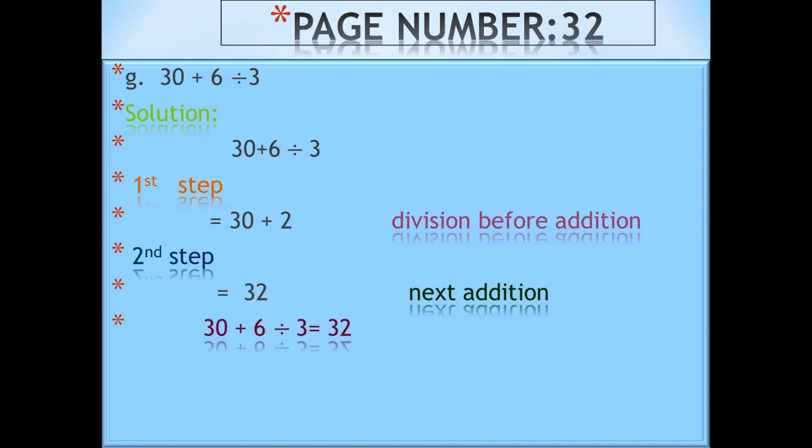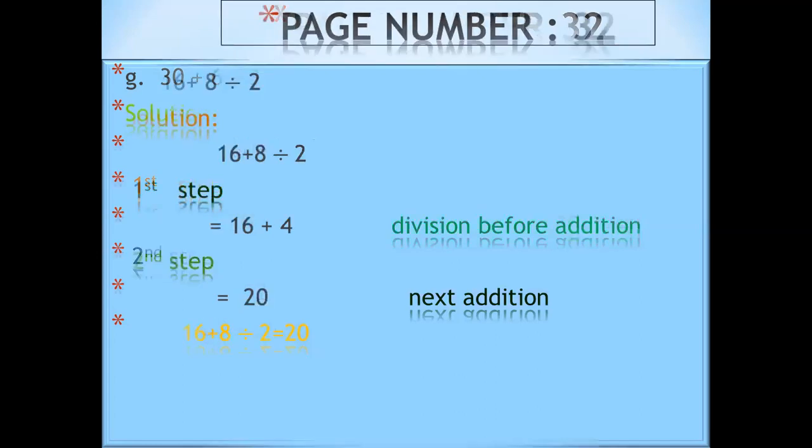Now we have 30 plus 2. 30 plus 2 is 32. Because after division, we will do the addition. I mentioned with each step, division before addition, and then the next step will be addition.